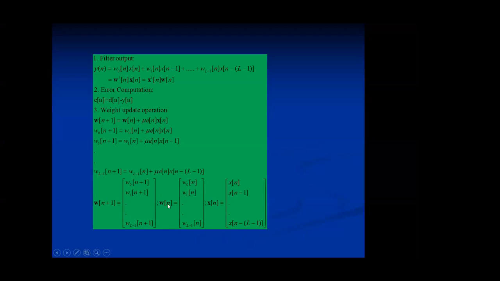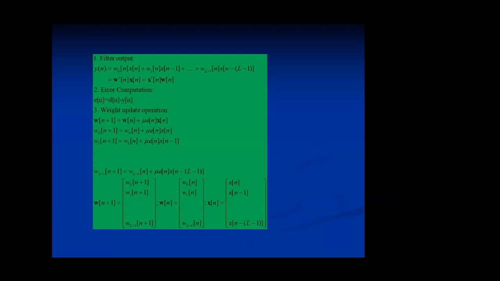Otherwise, if I take the transpose of x of n and multiply with w of n, we also get the same expression. So instead of writing this big expression, we use the vector notation, either w transpose of n into x of n or x transpose of n into w of n. This is called the inner product. This is the expression for the output.